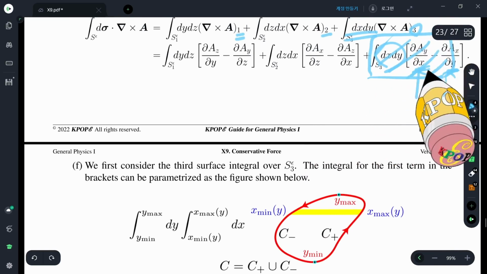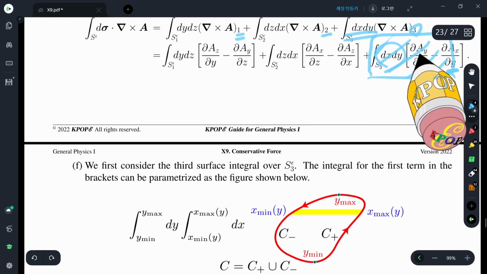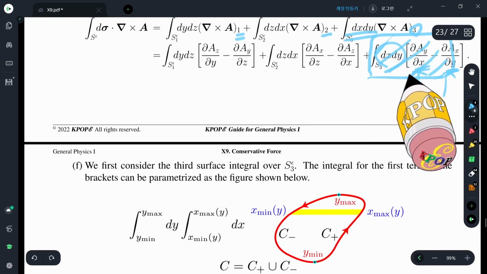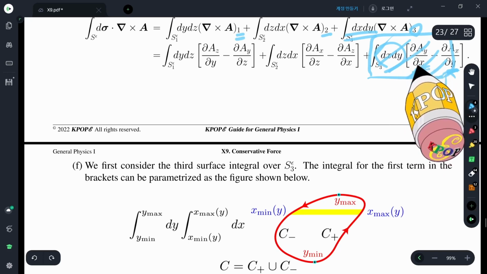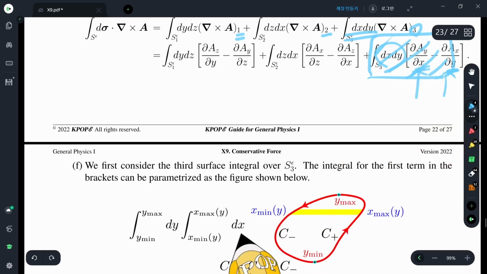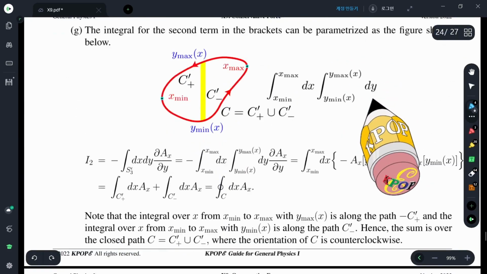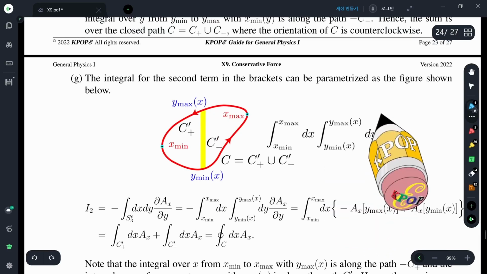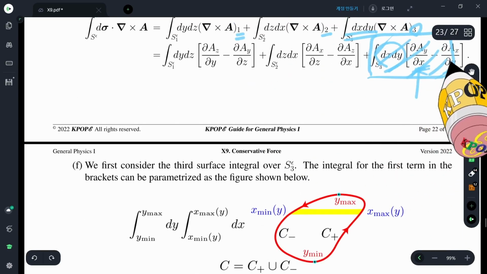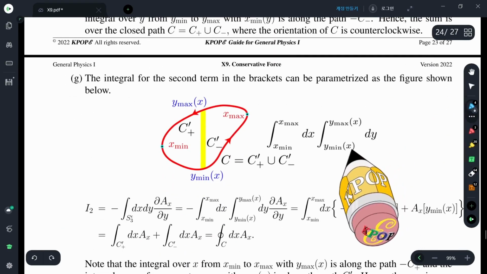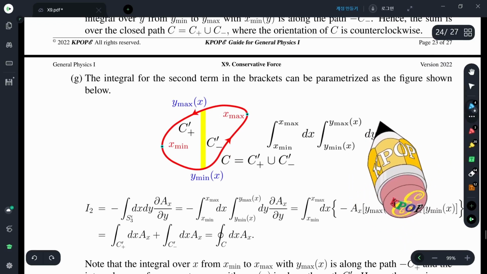For the first integral, because there is a derivative with respect to x, I would like to integrate over x first. And for the second one, I have a derivative with respect to y, so I want to integrate out y first.